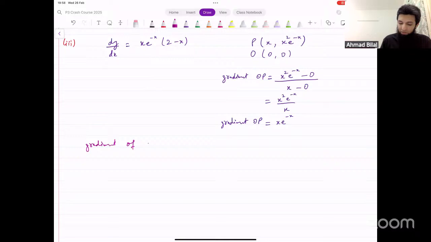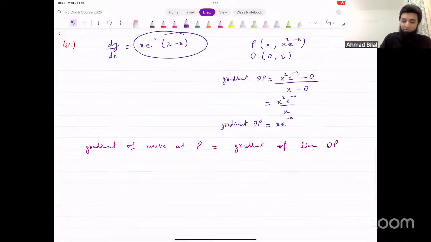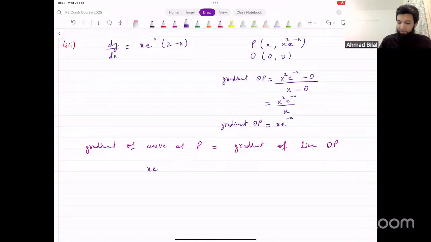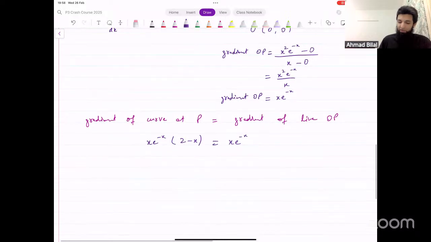Gradient of the curve at P should equal the gradient of line OP. What's the gradient of the curve? That's the derivative, x e power minus x times 2 minus x. That should equal x e power minus x. All right. Now we can solve this equation and see what we get from that.